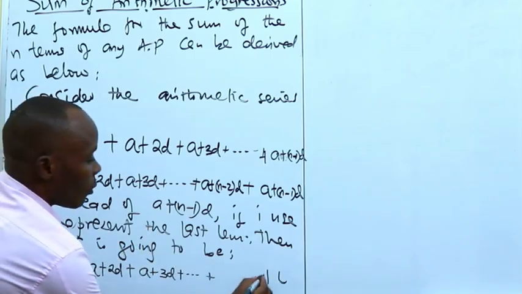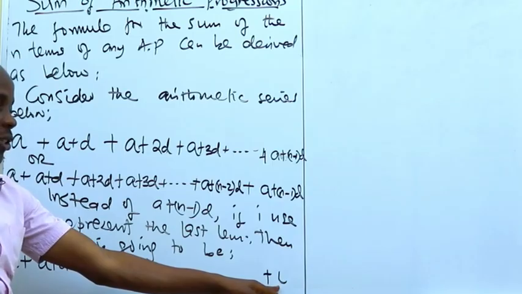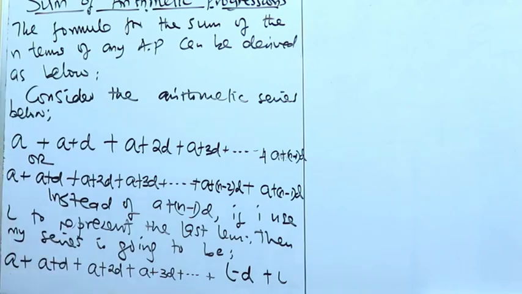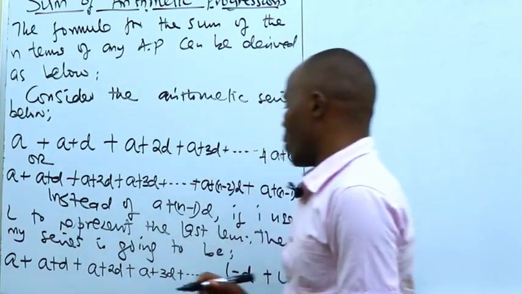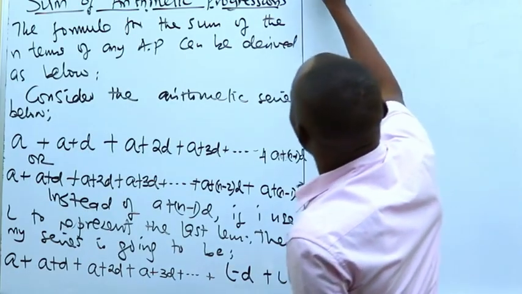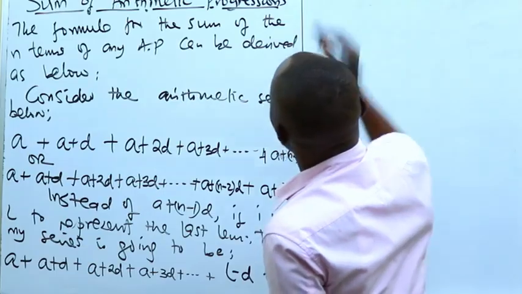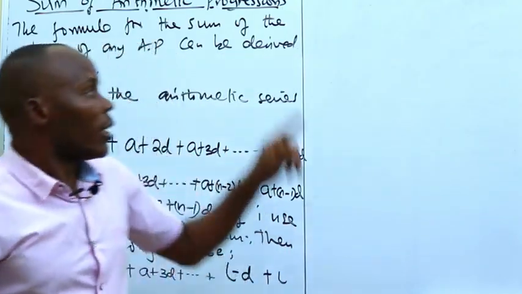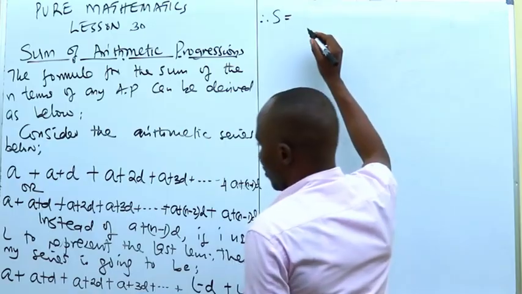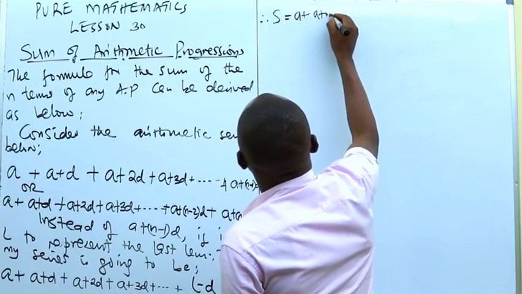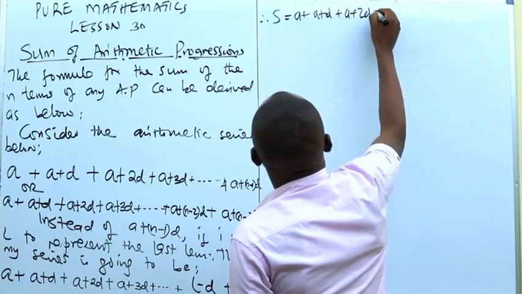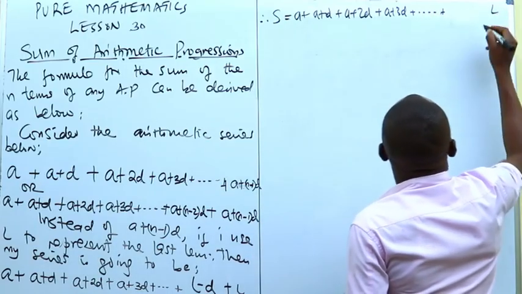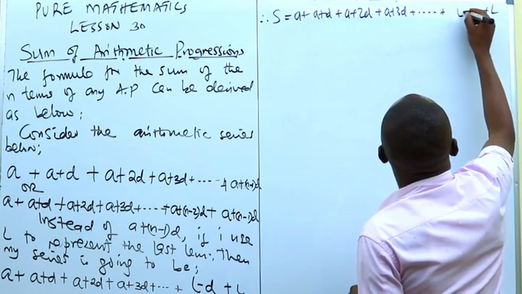So the term before the last term, because L is my last term, is L minus D. So therefore, S, that S is standing for the sum, is given by A plus D plus A plus 2D plus A plus 3D plus up to L, which is the last term, then plus L minus D.